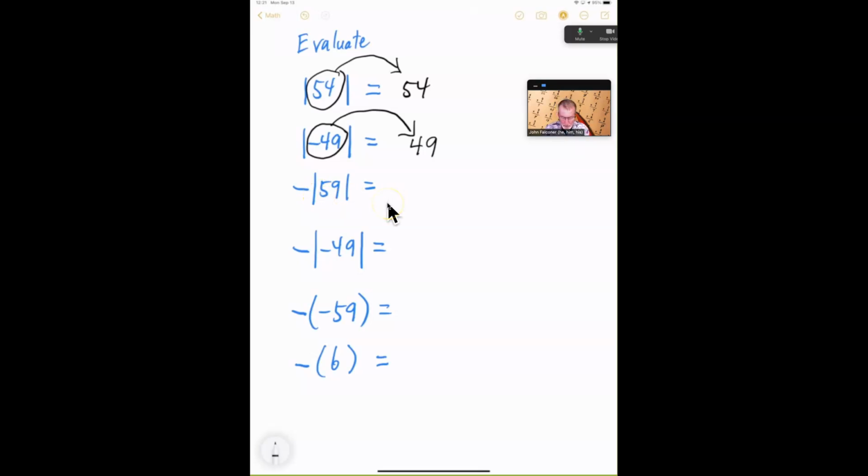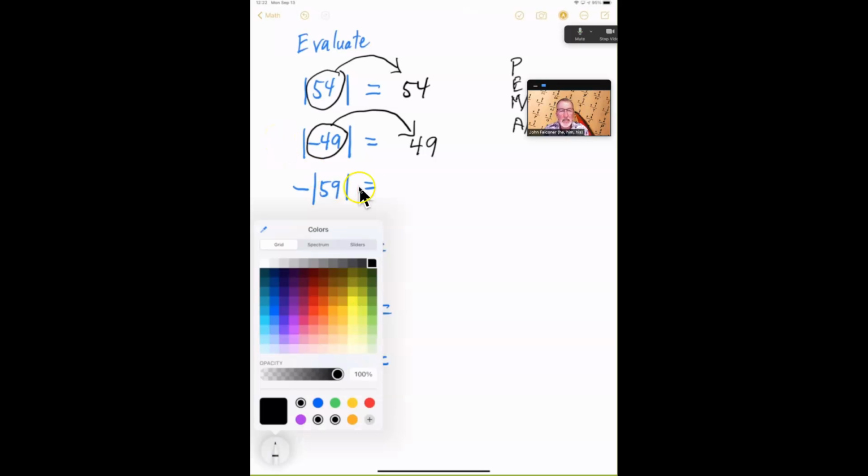If we're thinking about our PEMDAS rules, parentheses, exponents, multiplication or division, addition or subtraction, we have to go in order whenever we see a problem that we're asked to evaluate. So here we have a 59 in these absolute value brackets, so that we know that to bring that outside those brackets, that's like one step in PEMDAS.